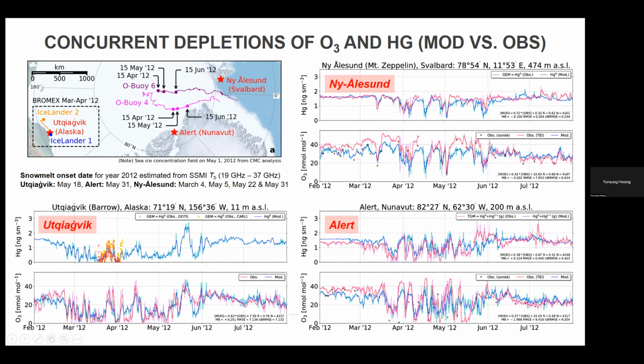These depletion events basically occur from the beginning of March to the end of May at all stations, and these beginnings and terminations are generally well captured, although we saw some false depletion events occurred at the end of May at Alert. That indicates some weakness in the model parameterization for the source term at relatively high temperature.